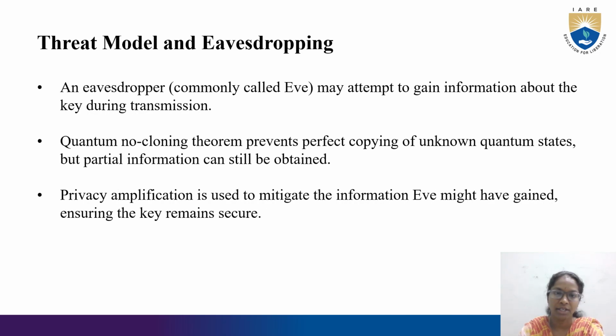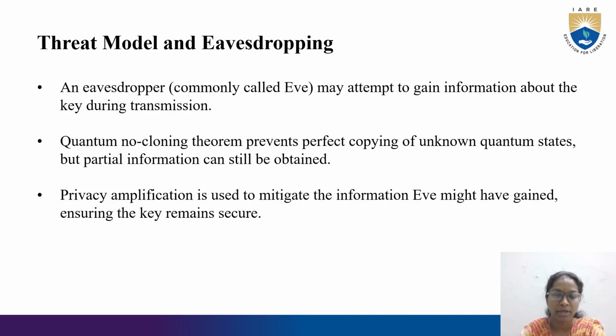Next, the threat model and eavesdropping. The eavesdropper, commonly known as Eve, may attempt to gain information about the key during transmission. This unauthorized person makes many attempts to gain information about the keys shared by the two legitimate users.